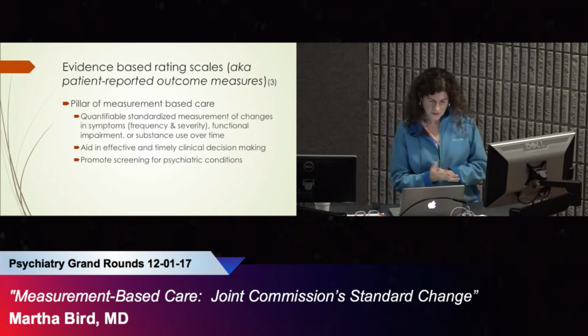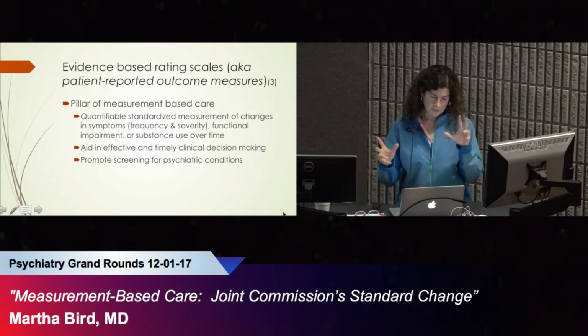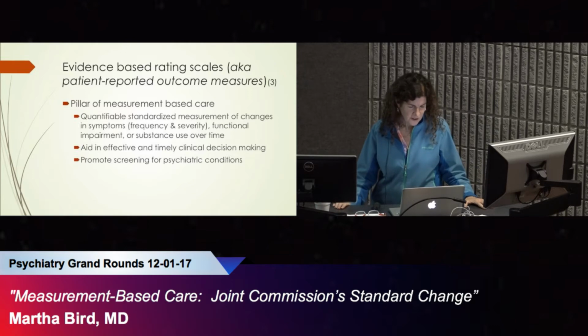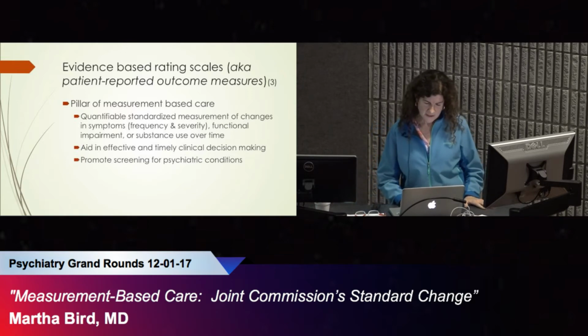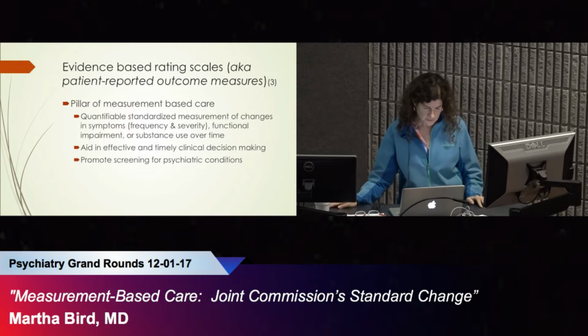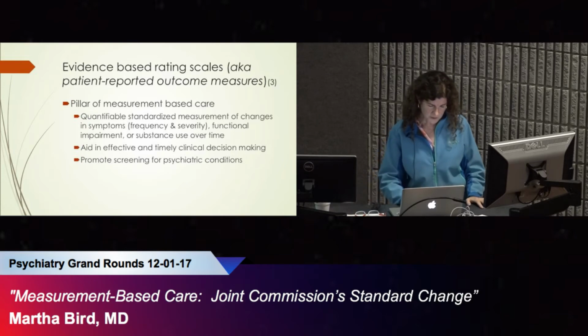So evidence-based rating scales are also known as patient-reported outcome measures. Those are probably the two most common terms. They are pillars of measurement-based care. They are quantifiable, standardized measurements of changes in symptoms, both frequency and severity of symptoms, and they also look at functional impairment or substance use over time.